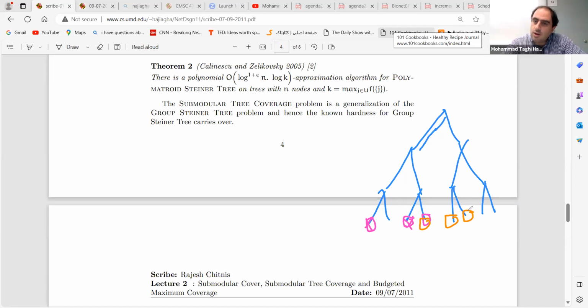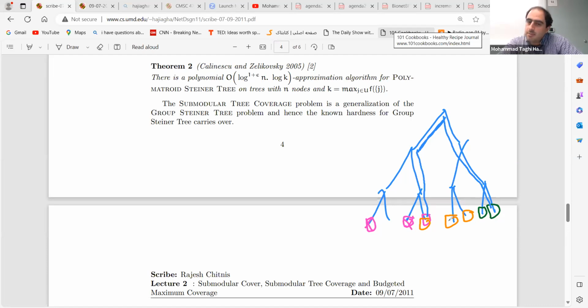So the goal here is to select a set of edges here. For example, here would be like this. So let me have another group as well. Maybe this is another group as well. So in this case, that would be something that you want to draw, maybe. So in the group Steiner tree, you are given a tree, and if you consider the leaves, they may have some different colors.